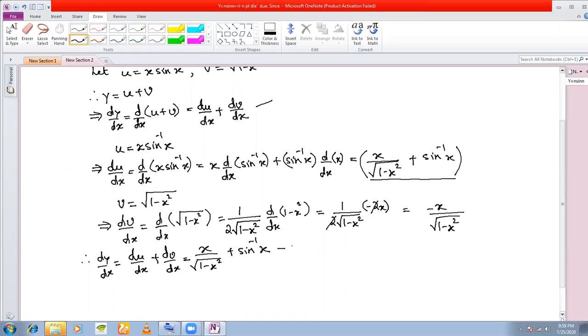And what is dv dx? Minus x by root 1 minus x square. So these two cancel. You simply get sin inverse x, which is the required proof. Yes or no?